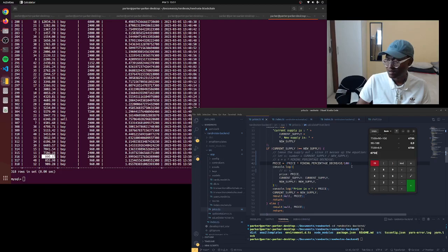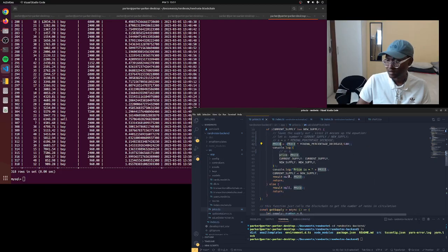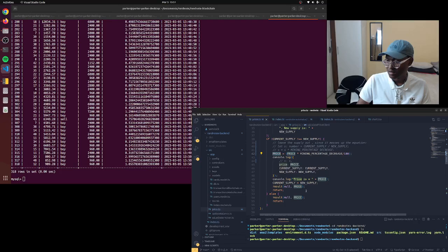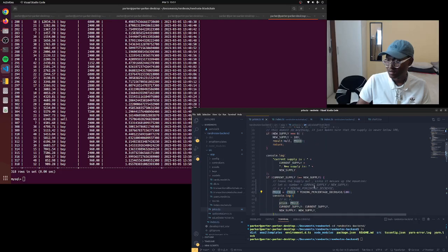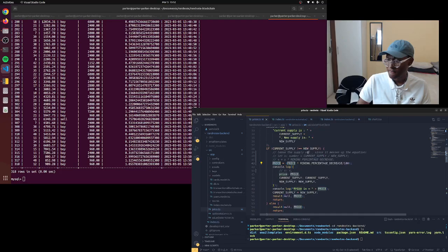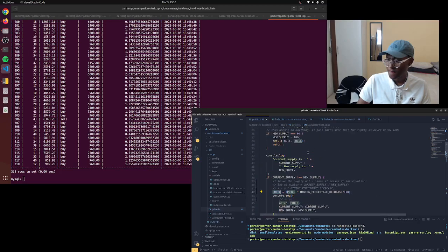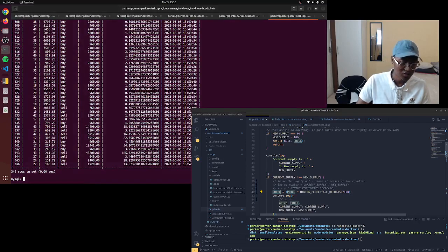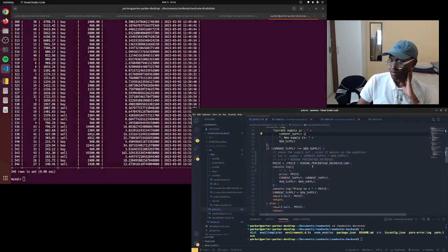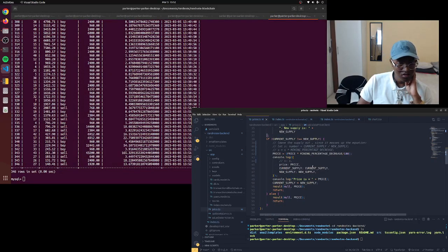Still, it's supposed to be 6.5. How does the price go to, see now, price goes from 700, all the way down. The price is getting reduced too much.